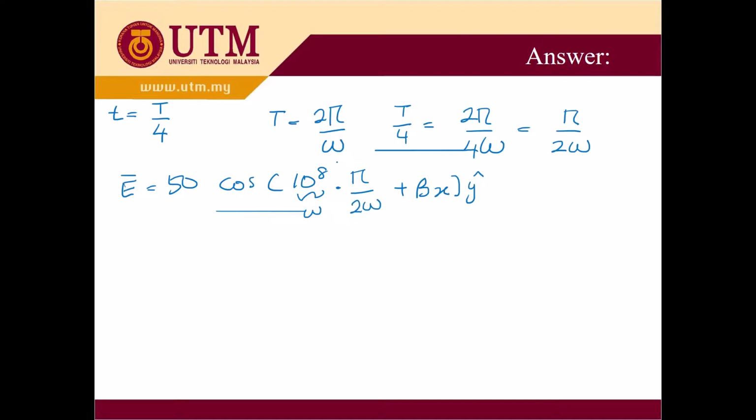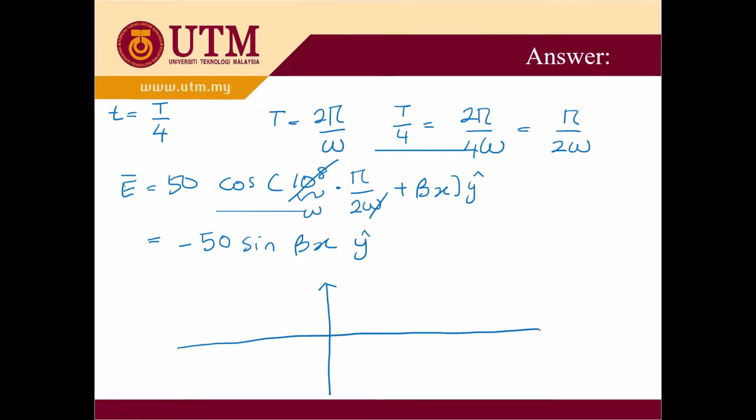So here we can cancel out. It becomes cos(π/2 + βx). This expression can also be simplified because cos(βx + π/2) is basically equal to minus 50 sin βx. This is a trigonometry identity. So it's simpler to sketch if we just sketch the sinusoidal graph.